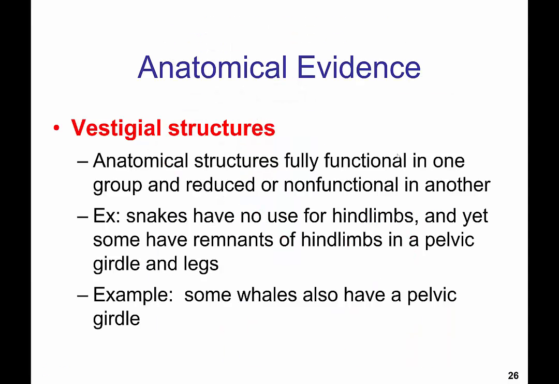Also related are vestigial structures. These are vestiges of structures that were once fully functional, but now are either significantly reduced in size and or function, and may in fact be non-functional. We have several examples. Snakes don't have use for hind limbs, and yet some have remnants of hind limbs in a pelvic girdle and legs.